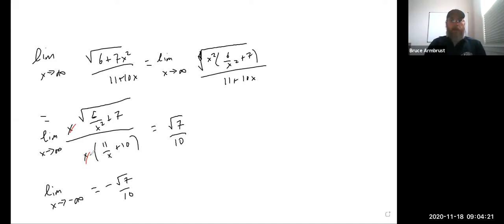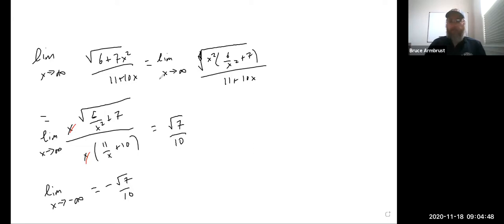Algebraically, we would have done it the same way, but the reason that this is going to minus root 7 over 10 is if you look at the original, the square root is always positive. The denominator can be positive or negative depending upon which way we go. If we go towards minus infinity, this is negative. So a plus over a minus gives us a minus root 7 over 10.